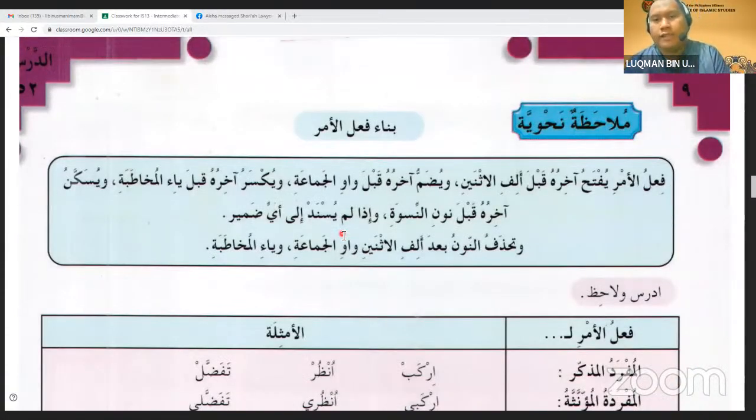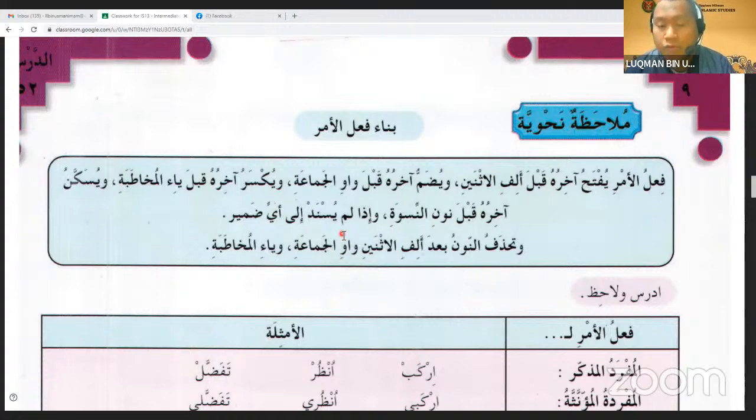Okay, our last topic for today, bina'u fi'lil amri, the fixation, pagiging fixed or static of the imperative tense. So we're done with the imperfect tense, fi'l mudari, then fi'l madi. Again, what's only dynamic among the tenses of the verb is only the imperfect tense, the fi'l mudari.